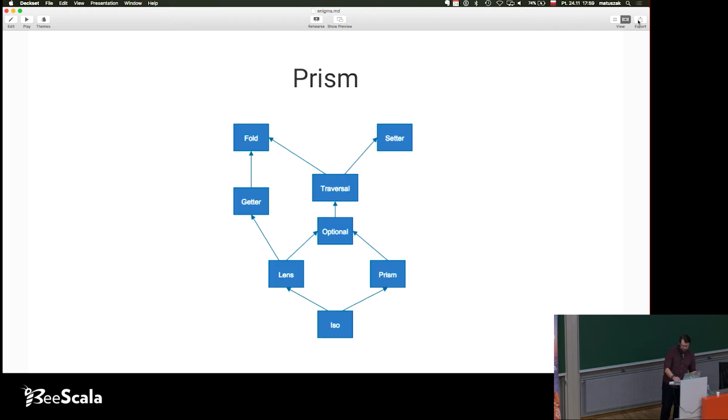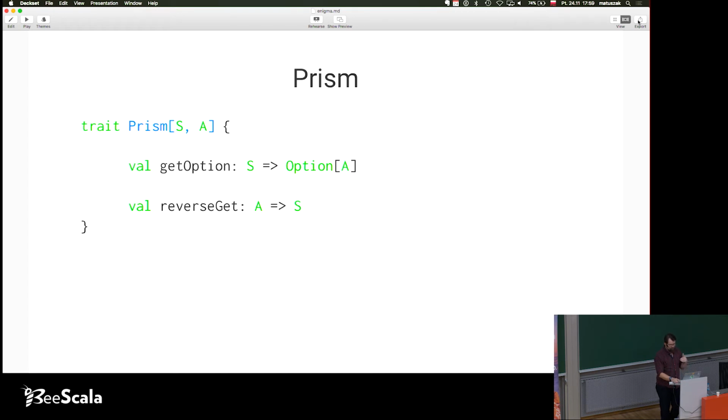Second one, the prism. So if we go in our hierarchy to the left, my left, your right, we will end up with prism. And as I said, if we are going up, we are lowering our constraints. So in case of prism, we will have a possibility that when you are trying to get something from S, you can end up in undefined area.